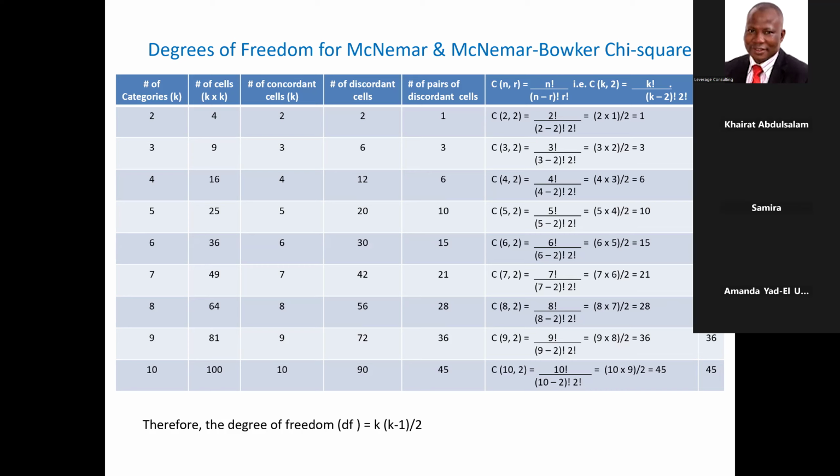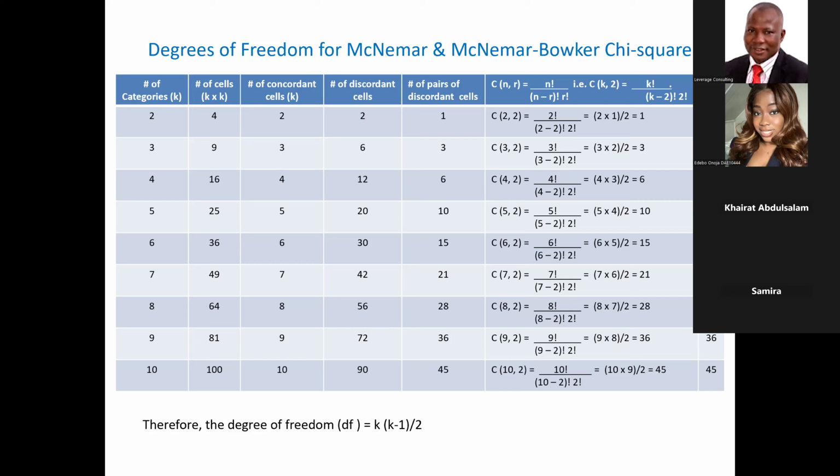If you remember when we discussed McNemar chi-square, it is used to compare paired categorical data. Categorical means that it's not numerical; it's proportions you are comparing, percentages.